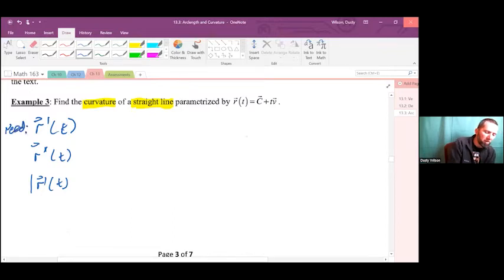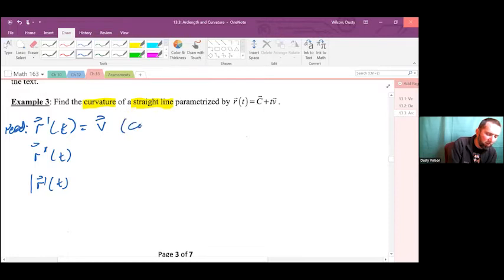So r prime of t would be the derivative of a constant, which is 0, plus t times v. Here v is a direction vector, so maybe like t times the vector 1, 2, 3. So this is just going to be the vector v.